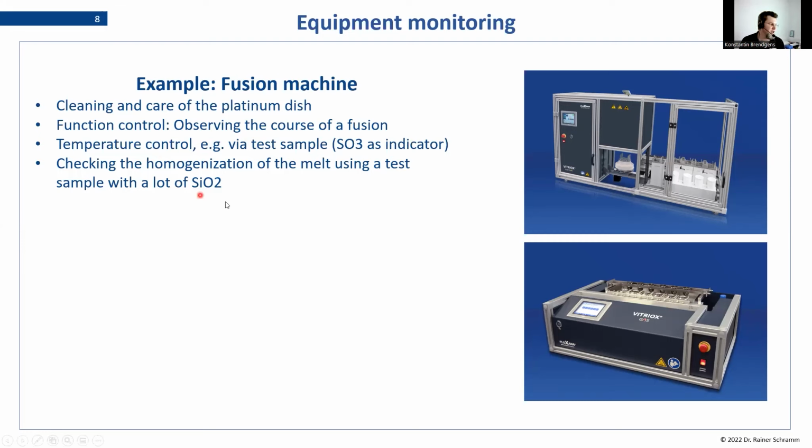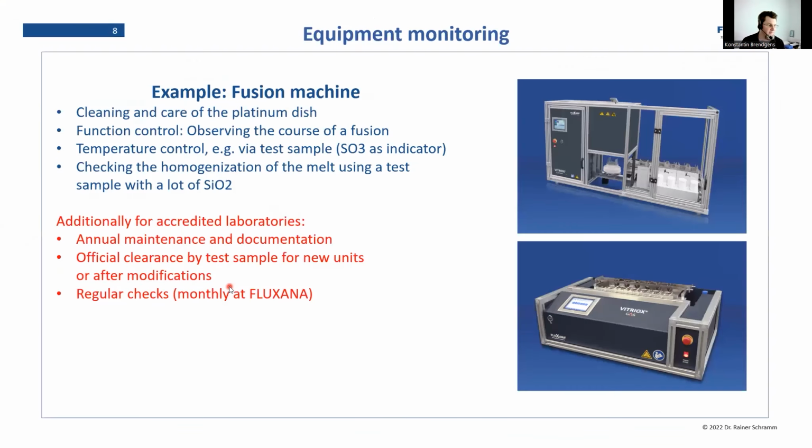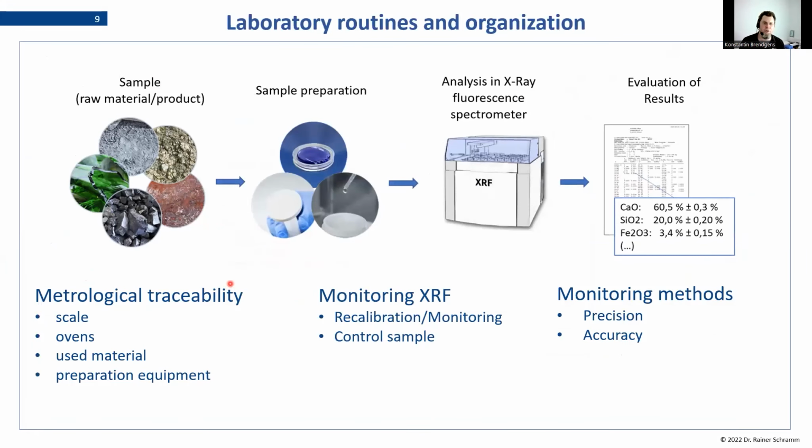And another check would be, for example, a high silica sample would make us check the homogenization, the agitation of our sample. And again, as an accredited laboratory, we have the clearance issue, and we have the regular checks, and so on. And so that kind of concludes the whole left side, sample and also preparation.